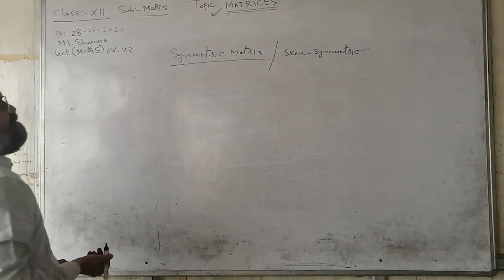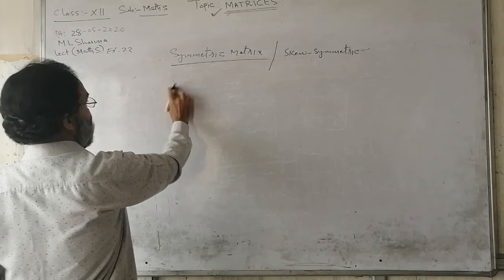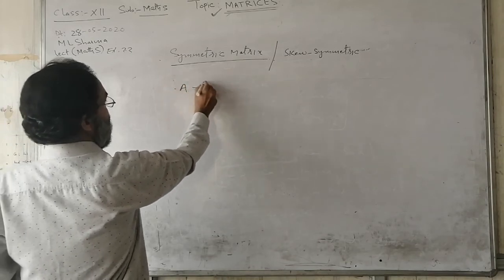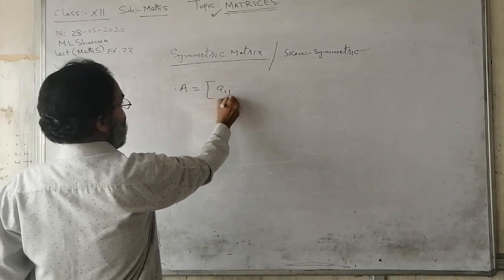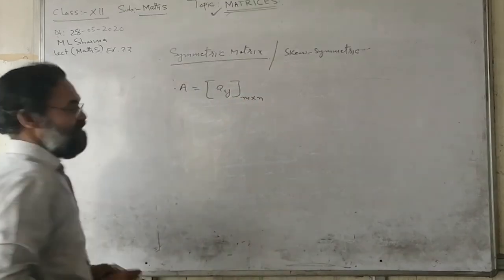For a symmetric matrix, suppose I have matrix A as Aij, of order n into n.